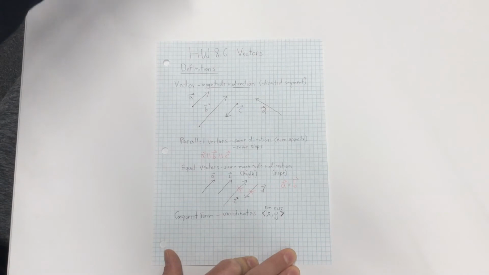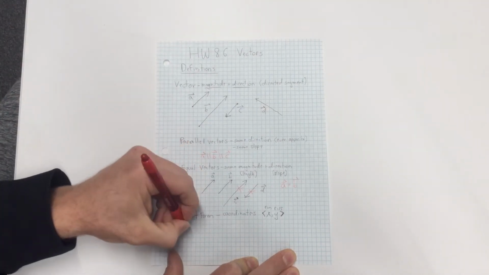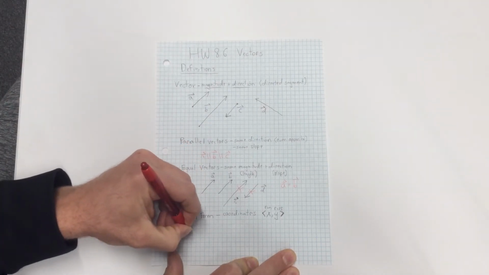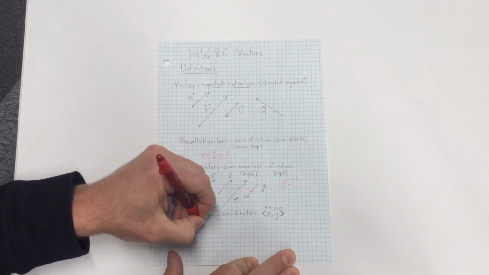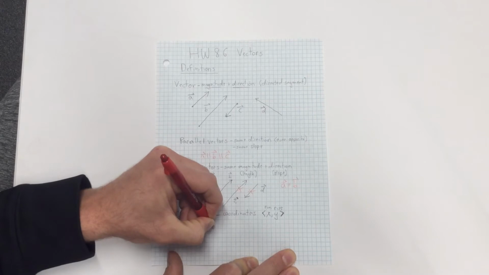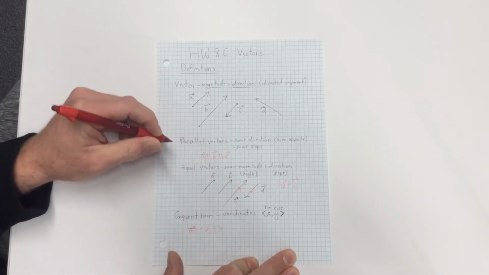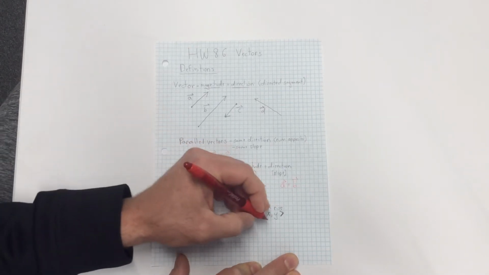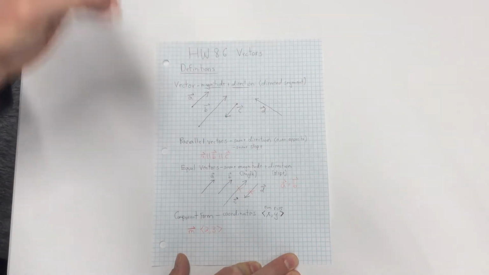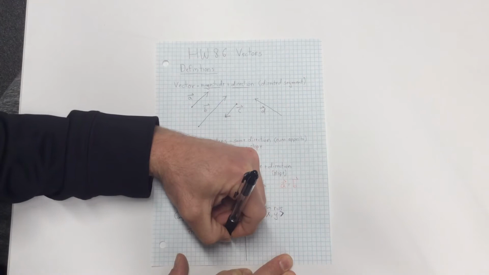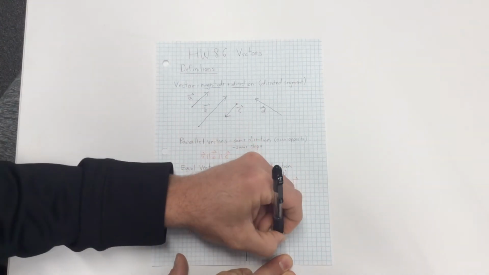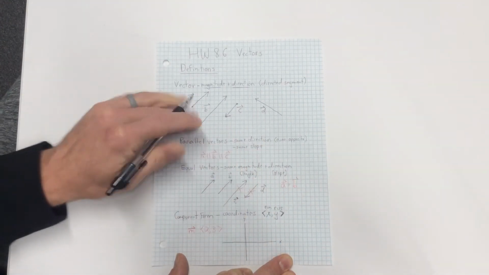So for example, if we have another vector, we'll call it vector M, and its component form is <2, 3>. Again, easy peasy. We can graph that vector by creating a nice little coordinate plane. Here's my x, here's my y.